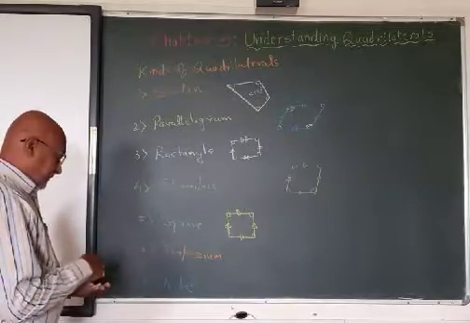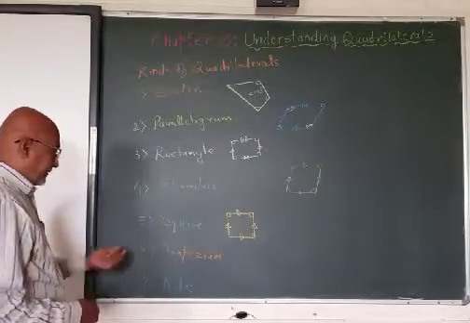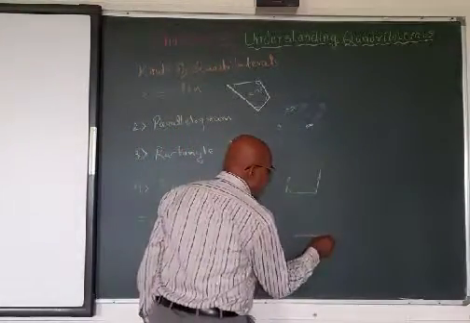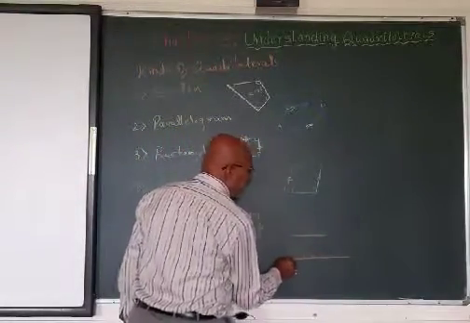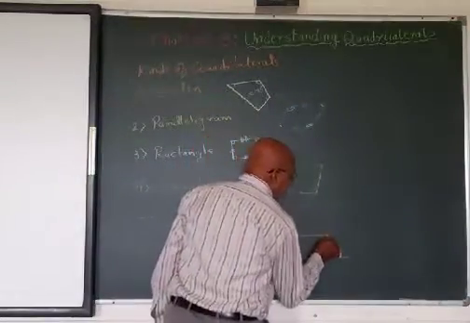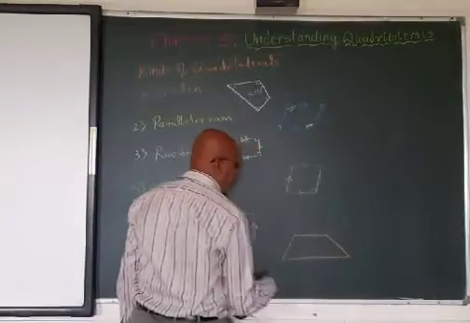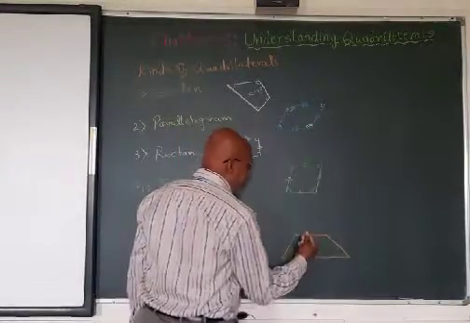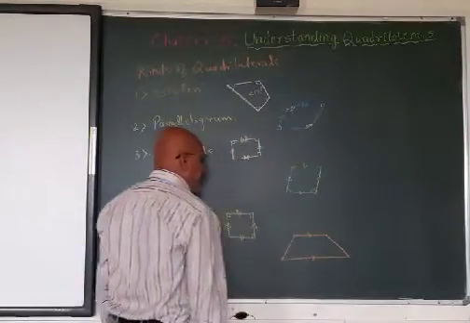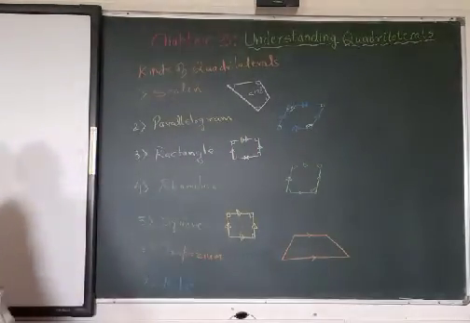And last but one is trapezium. In trapezium, one side is parallel to the other side, and the two remaining sides are non-parallel, maybe non-equal also. Only this is parallel. So this is trapezium.